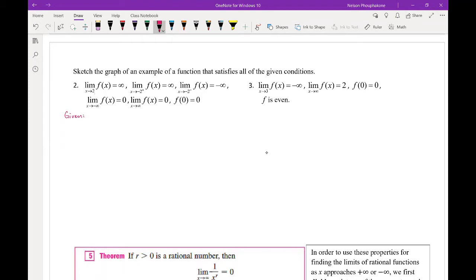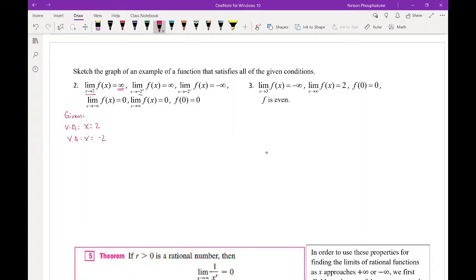Once I see that the limit as x approaches a number and the output is infinity or negative infinity, right away I know that is related to a vertical asymptote. So I will have the vertical asymptote x equal to 2, and x equal to -2.